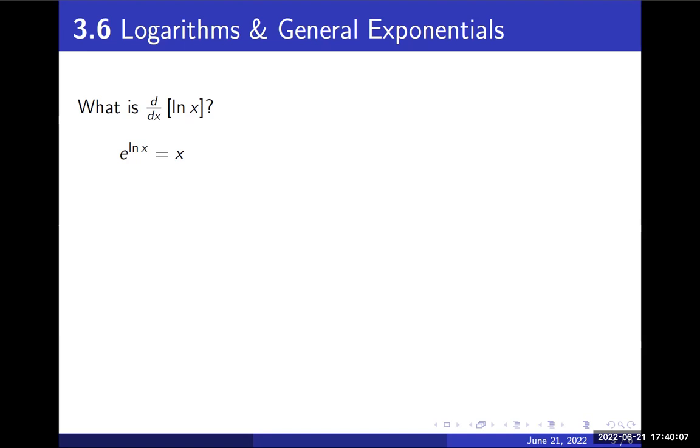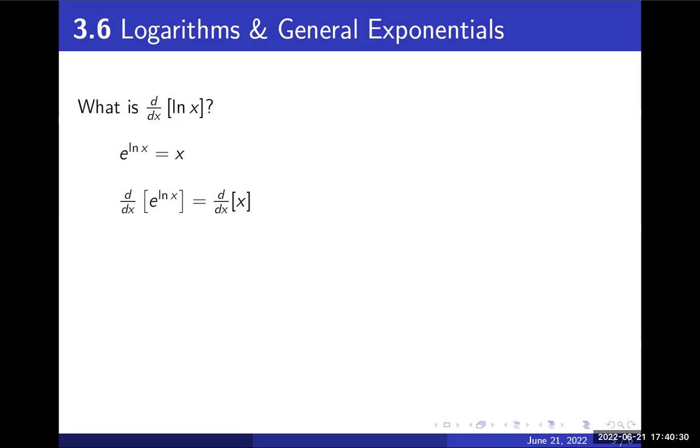We're going to apply a derivative to both sides, like so. Let's take the derivative of both sides with respect to x. Now notice on the left, we're going to think of it like a chain rule. So we're going to think of it as e being raised to the natural log of x, where natural log x is inside the exponent.